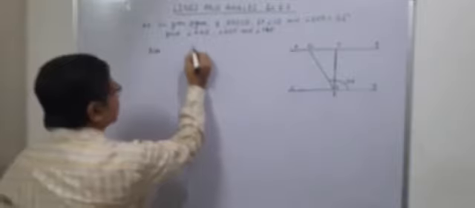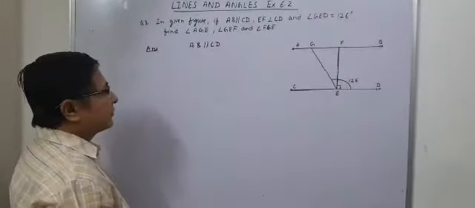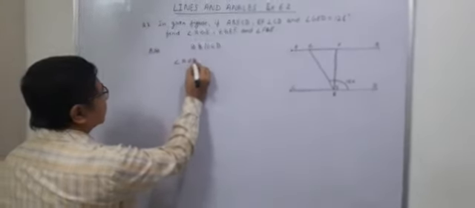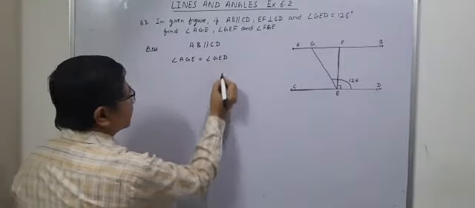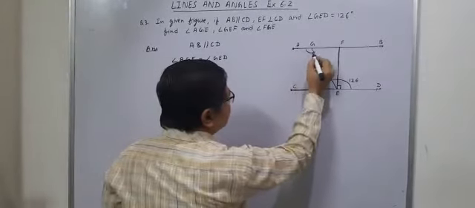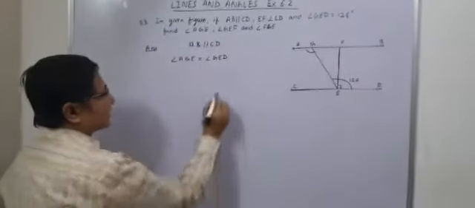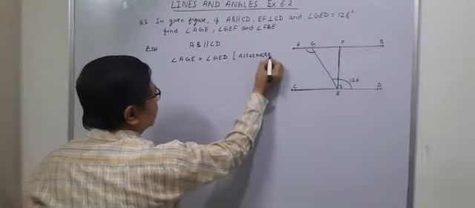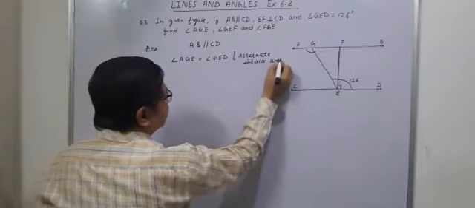Now first, it is given in the question that AB is parallel to CD. If you see carefully, you will find that angle AGE and angle GED are alternate interior angles.